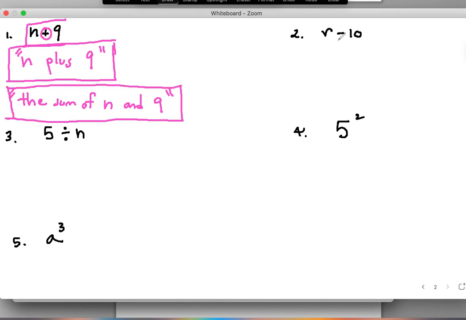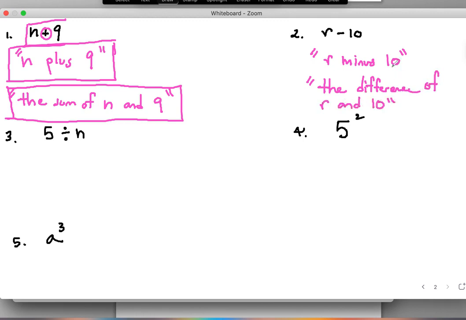Now the next one. We could just say r minus 10. Or we could say the difference of r and 10.